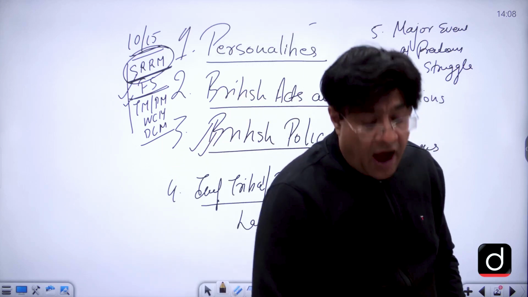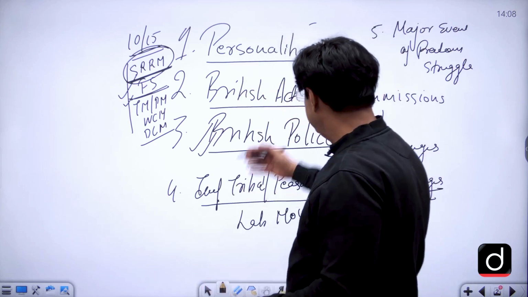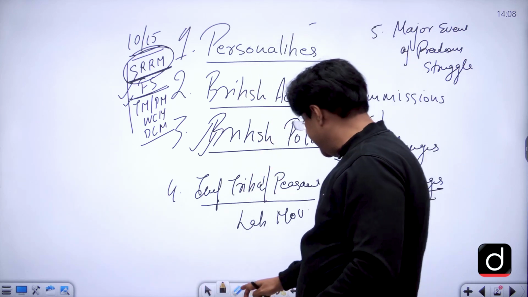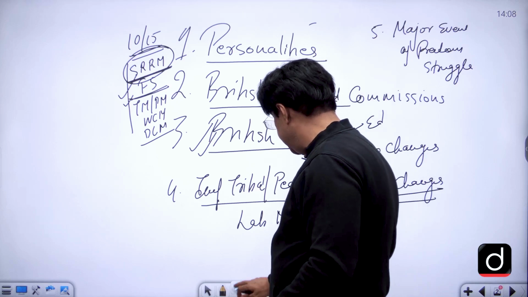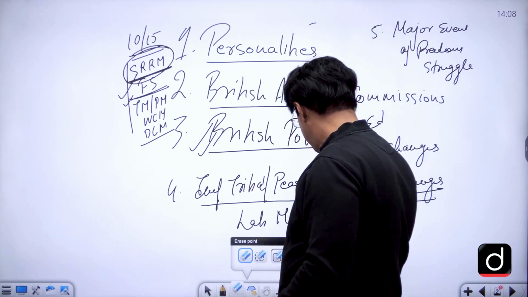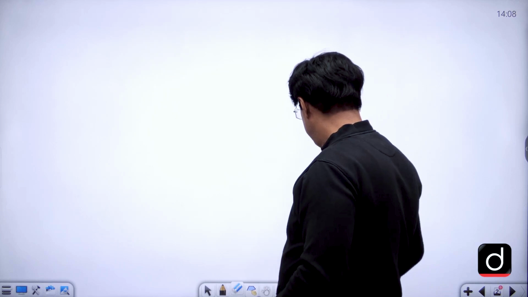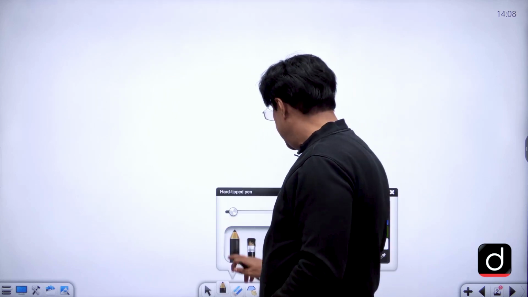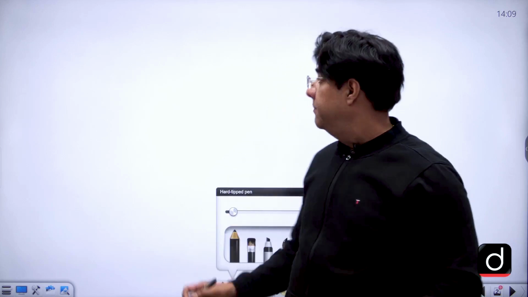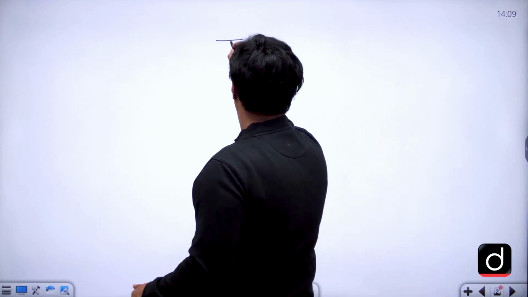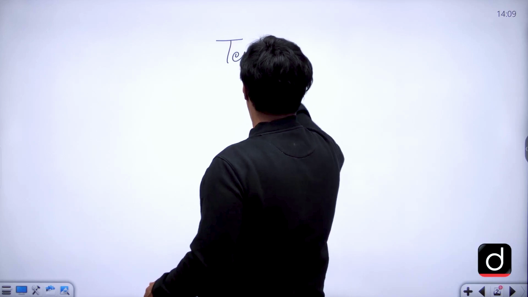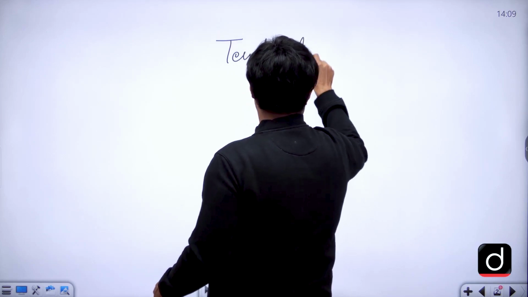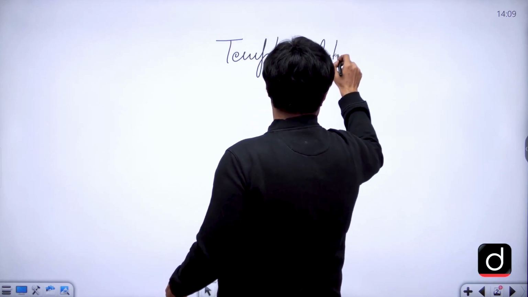In case of art and culture, again, we can follow this strategy. Here one major theme could be the theme of temple architecture in India.